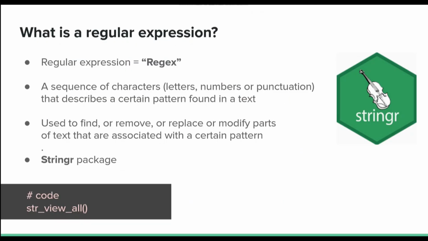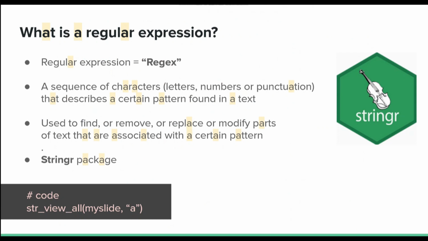Before we start coding, let's take some simple examples. Let's say we want to find all instances of the letter A and remove them from a block of text. If the text on this slide were assigned to a variable in R, and we use the Stringr function str_view_all A, Stringr would show us all instances of A like this.